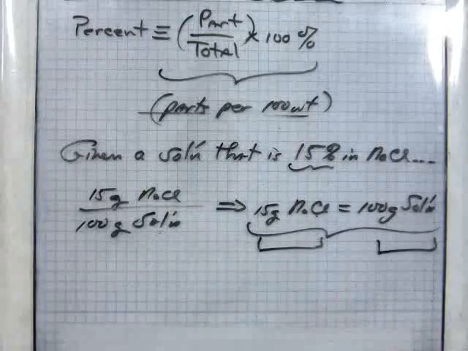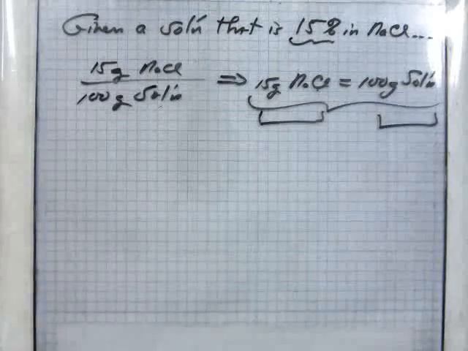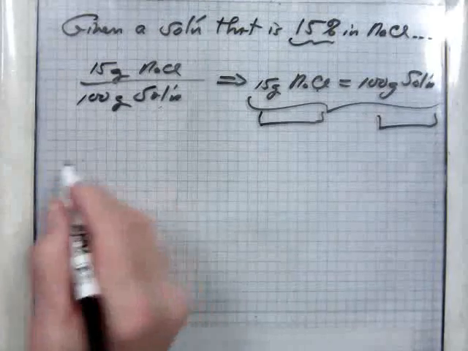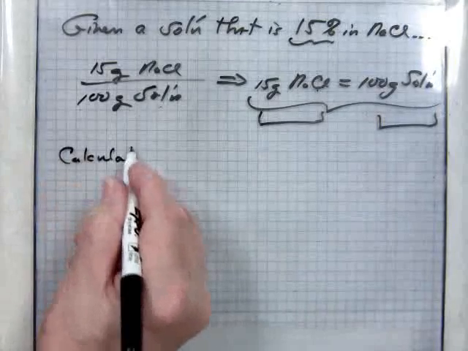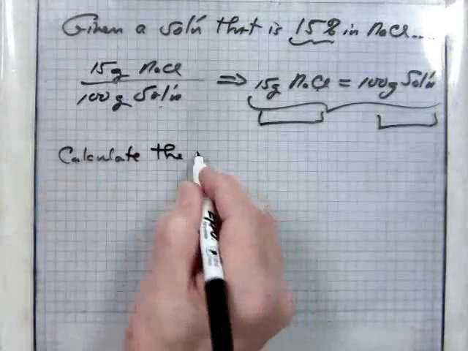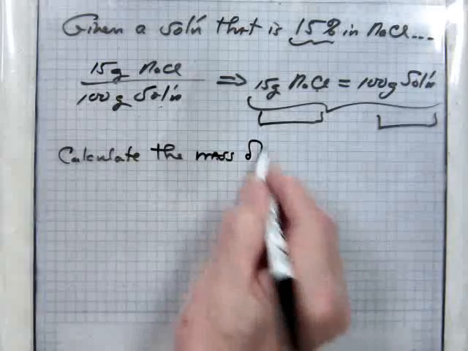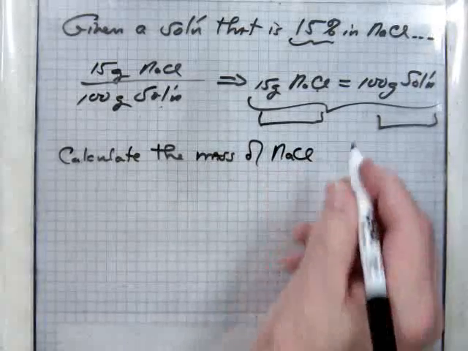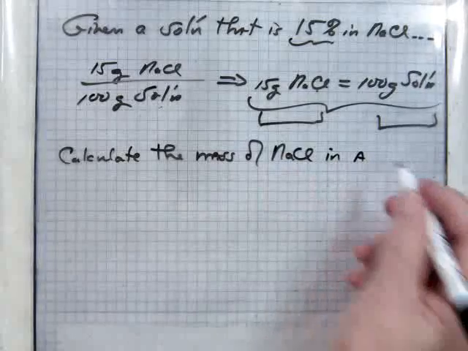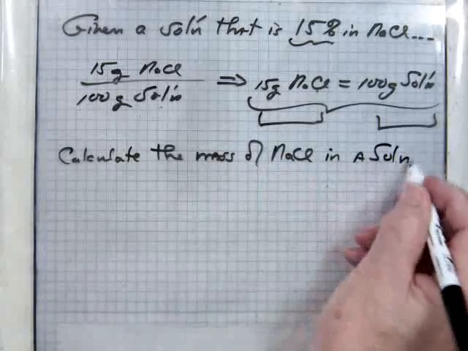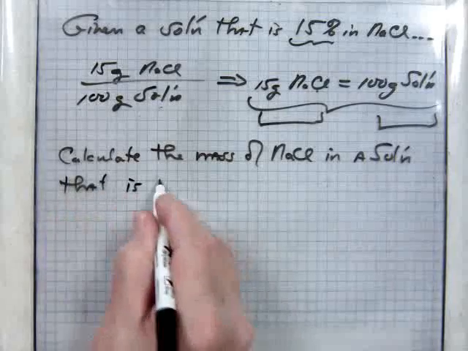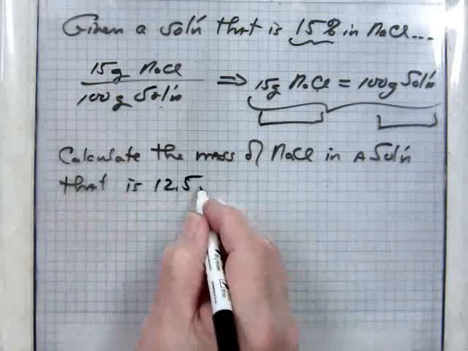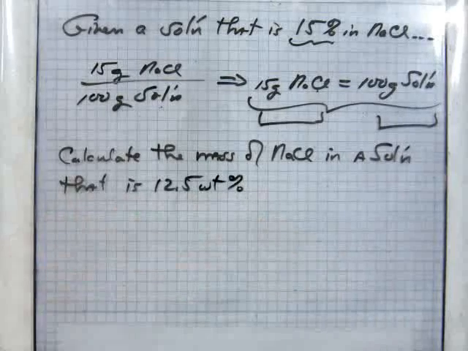So, to show you how this is applied once you use it, calculate the mass of NaCl in a solution, an aqueous solution, that is 12.5 weight percent. Now these are weight percents.